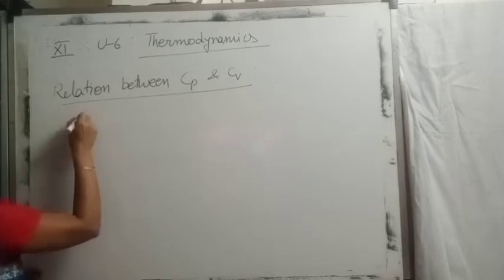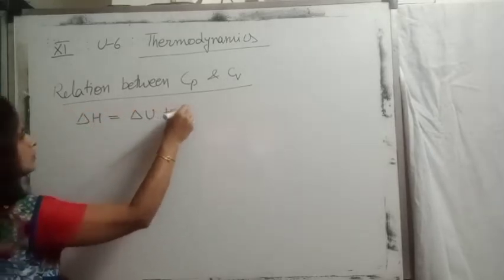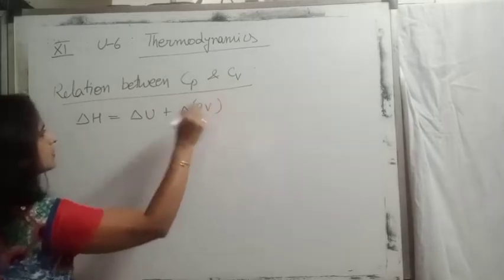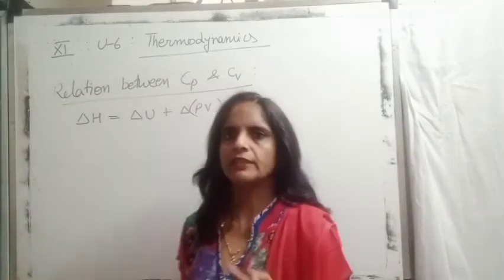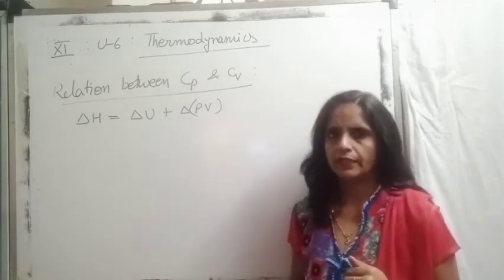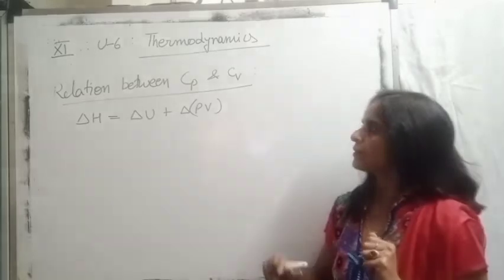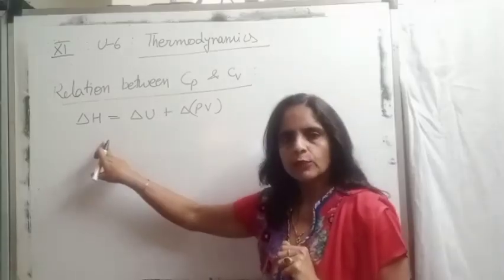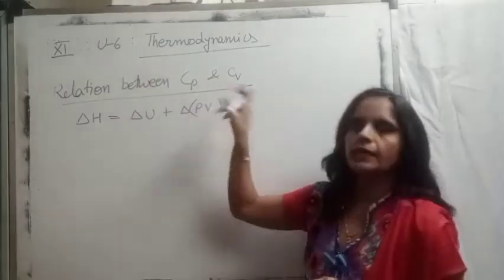We know that delta H equals delta U plus delta (PV). This is the relationship between change of enthalpy and change of internal energy, already derived in previous lectures, correct? Now, from this equation, we can get the relationship between Cp and Cv.